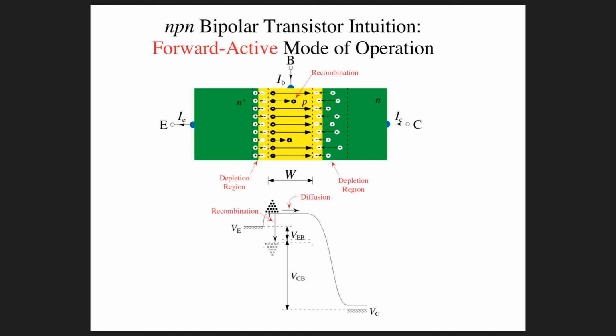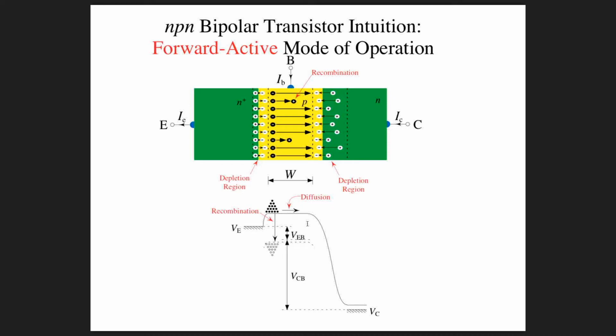We have a lot of carriers here at the emitter end, and very few over here at the collector end. And so the concentration gradient is basically the number here at the emitter end minus, it's effectively zero. It's like many orders of magnitude smaller, divided by the width of the base.